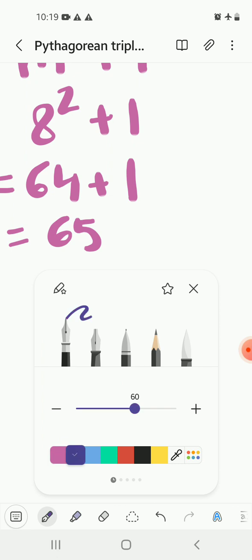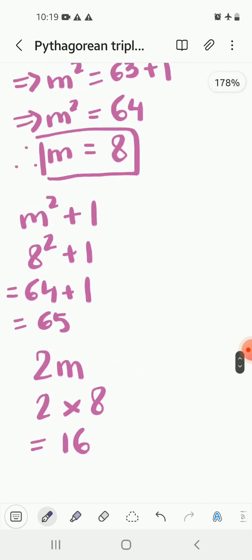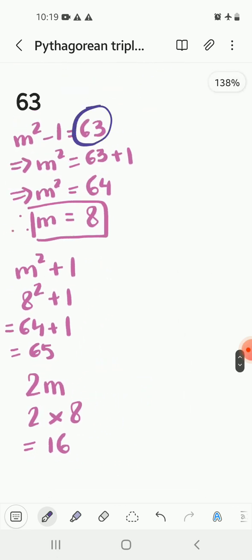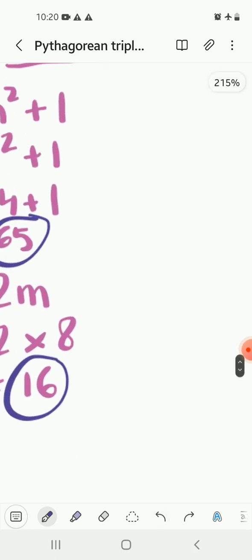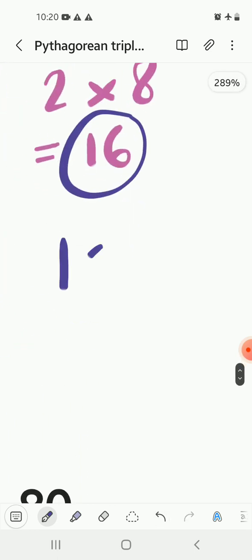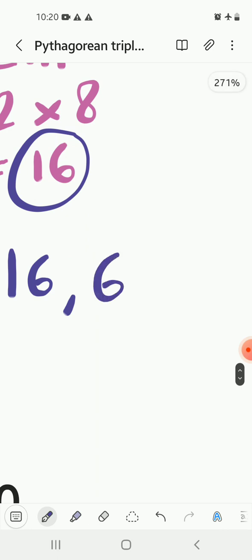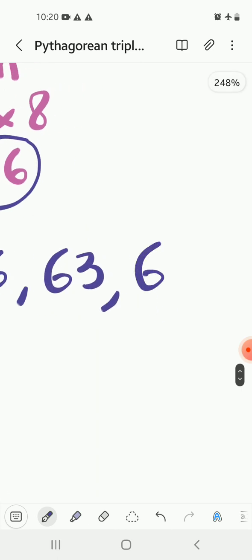See, now we have got the three numbers, one being given in the question already, that is 63, another is 65, and then 16. Arrange in ascending order: 16, 63, and 65.